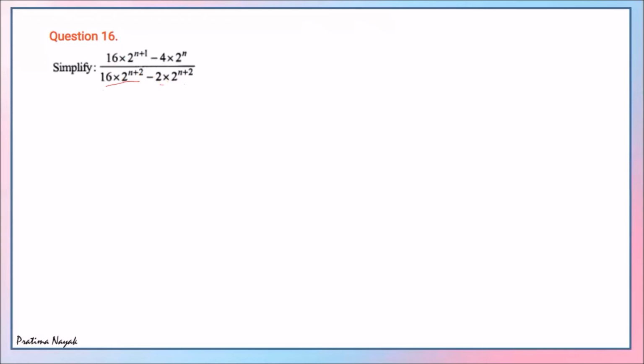But in the numerator, once it is 2 to the power n, and once it is 2 to the power n plus 1. So I'll take 2 to the power n plus 1 and make it 2 to the power n into 2 to the power 1, because when you multiply, the powers are added.